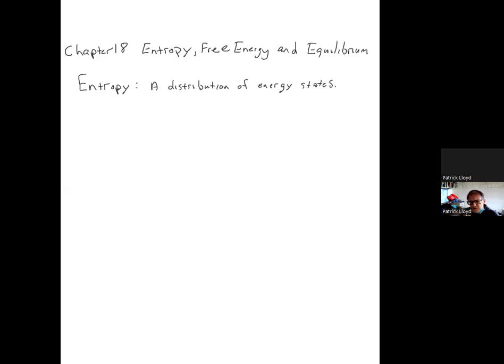But what we're concerned with here is what we call the distribution of energy. Okay, so energy can be useful or it can be not so useful. For example, if we have energy in a battery, that might be pretty useful.